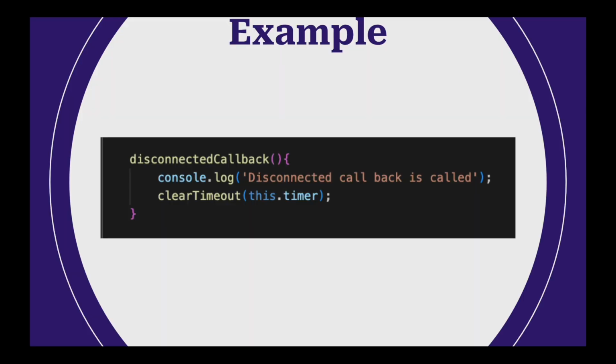Okay, and its example is disconnectedCallback, and we can use clearTimeout with this.timer. Suppose we have set some timer, but we are finished working with the component and want to remove it from the DOM, we can use this function.